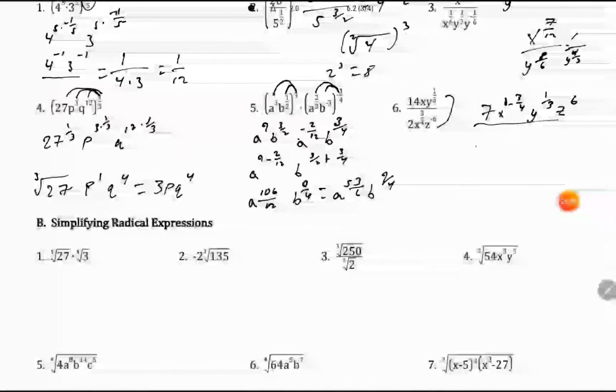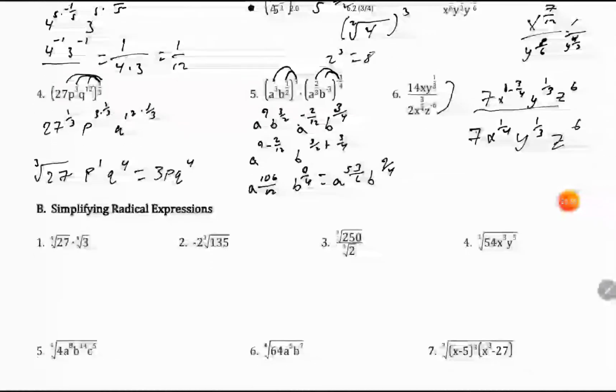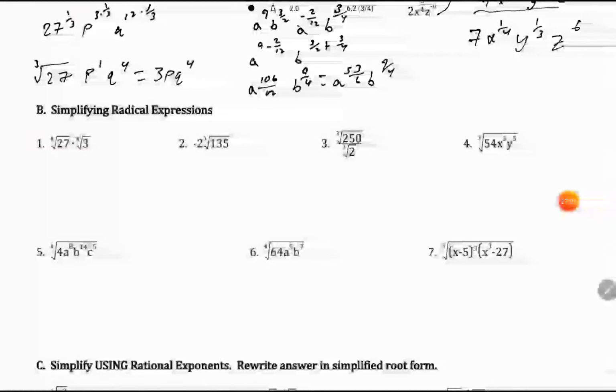So there's nothing left on the bottom. The 2 went away, that went away. Yep. So my answer is 7, x to the 1/4, y to the 1/3, z to the 6th. Oh, wasn't so bad. Okay, some review from yesterday.